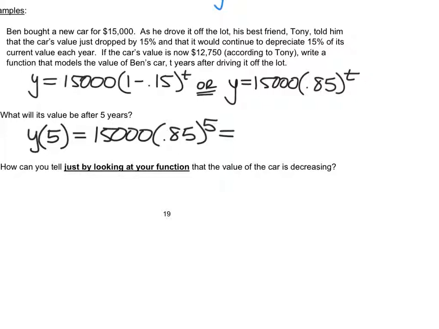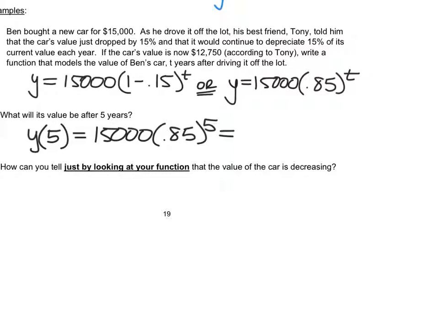So 15,000. Now I'm putting it in general form. So 0.85 to the t power, or in the calculator's case, x. And then I could go to the table this time, for example, because 5 is a nice value. Now just be careful. When you go to the table, that number in the y column is an approximation of the correct answer. You want to hit the right arrow to get on that number so you can see what the most exact form is.